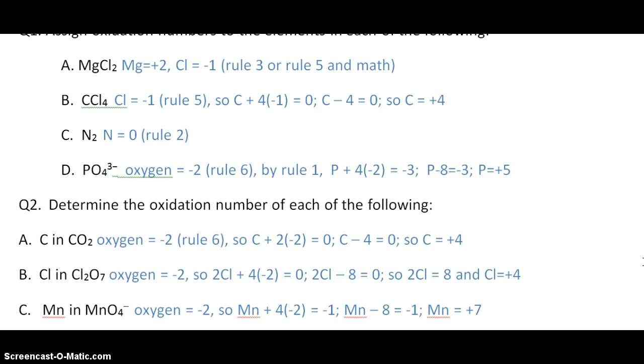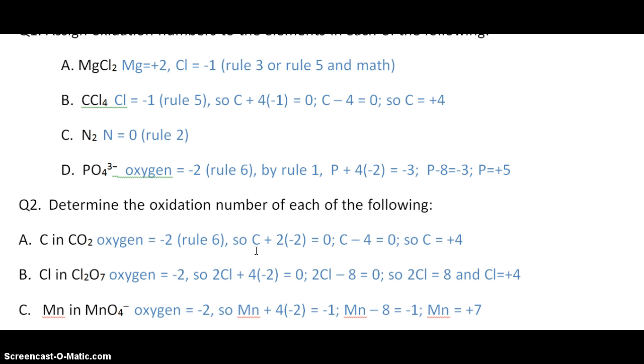So we set up the equation where the oxidation number of carbon plus 2 times the oxidation number of oxygen is equal to 0. It's a neutral compound. So if you do the math, you find out that carbon minus 4 is equal to 0. So adding 4 to both sides, you end up with the oxidation number of carbon is equal to +4 in carbon dioxide.